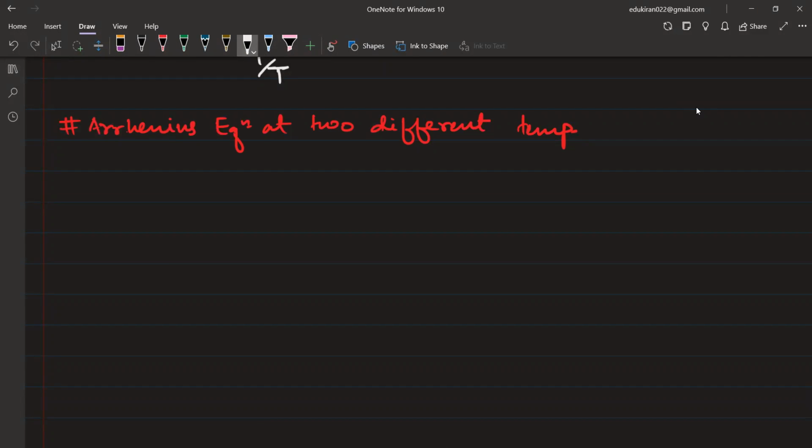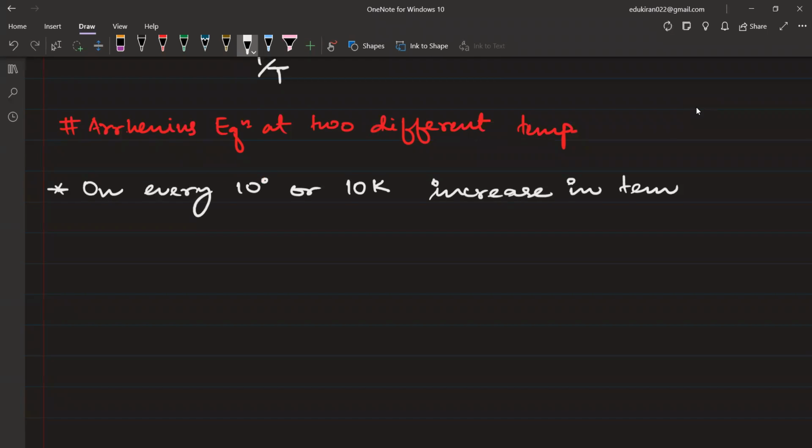Okay, so we have noted one point, just rewriting that: on every 10 degree or 10 Kelvin increase in temperature, the rate of reaction doubles. The rate of reaction doubles.